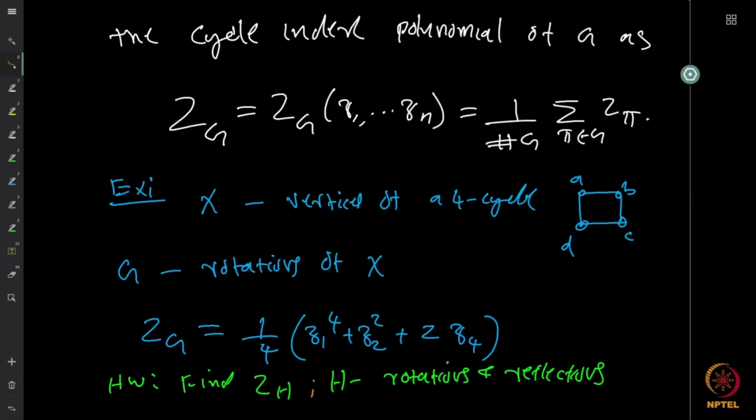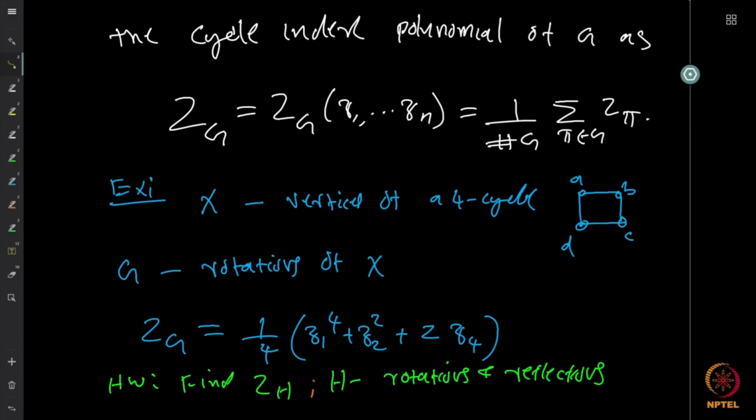Because the identity has exactly 4 cycles. Then z2 raised to 2, because if you look at the square of the generator, you will see that you will have 2 cycles of length 2. And then you will get 2 times z4, because the generator and its inverse are 4-cycles, and there are 2 of them.